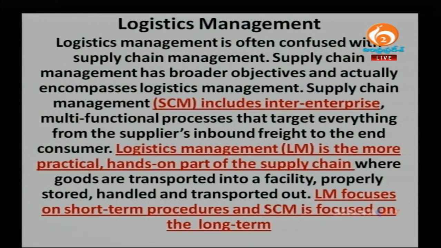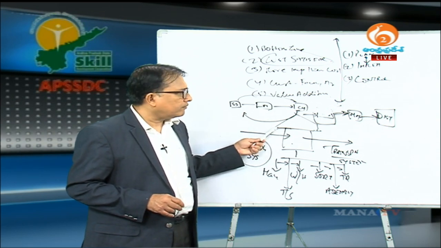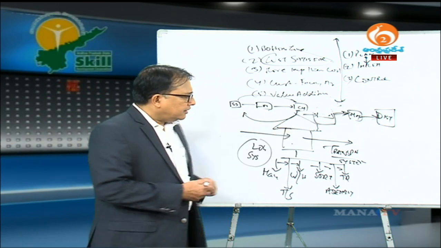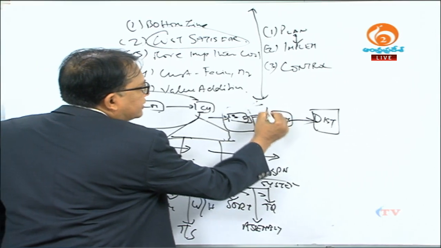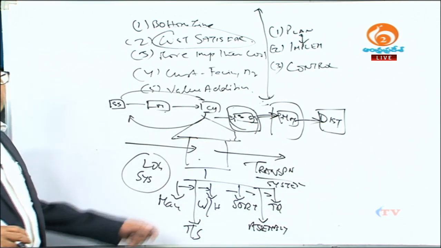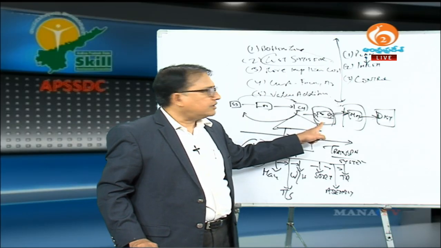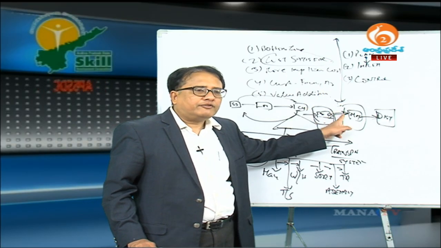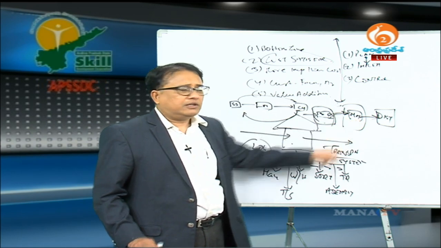So, let us come back to the board as we have been discussing over here. There is logistics management involved over here. Logistics management is involved with the supplier, with the manufacturer, with the distributor.